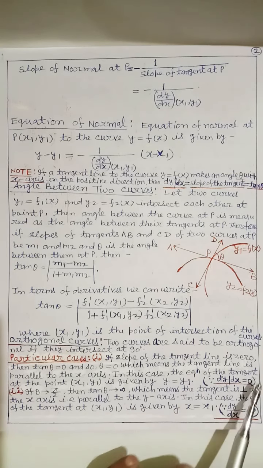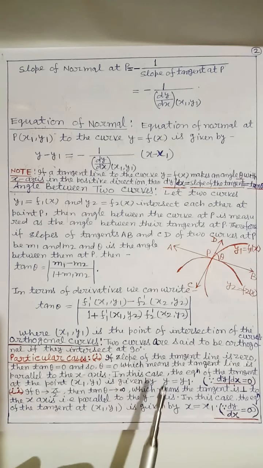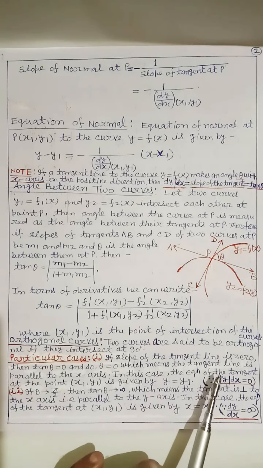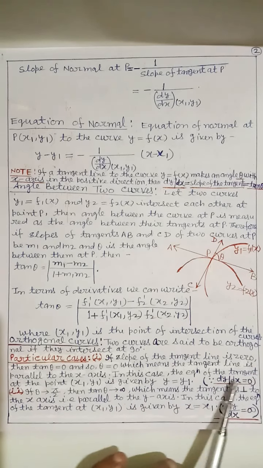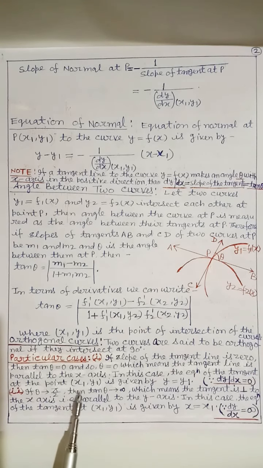In this case, the equation of the tangent at the point (x1, y1) is given by y equal to y1. Using dy by dx equal to 0 in the equation of the tangent, we get y equal to y1.